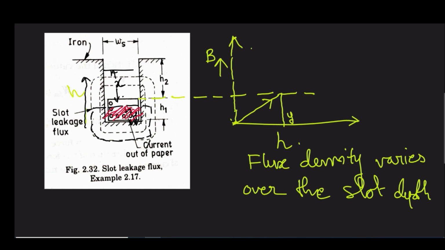You can apply Ampere's circuital law also, that the line integral of H dot dl is equal to the surface integral of J dot ds. So obviously if you increase the surface area here, that will cause a change.